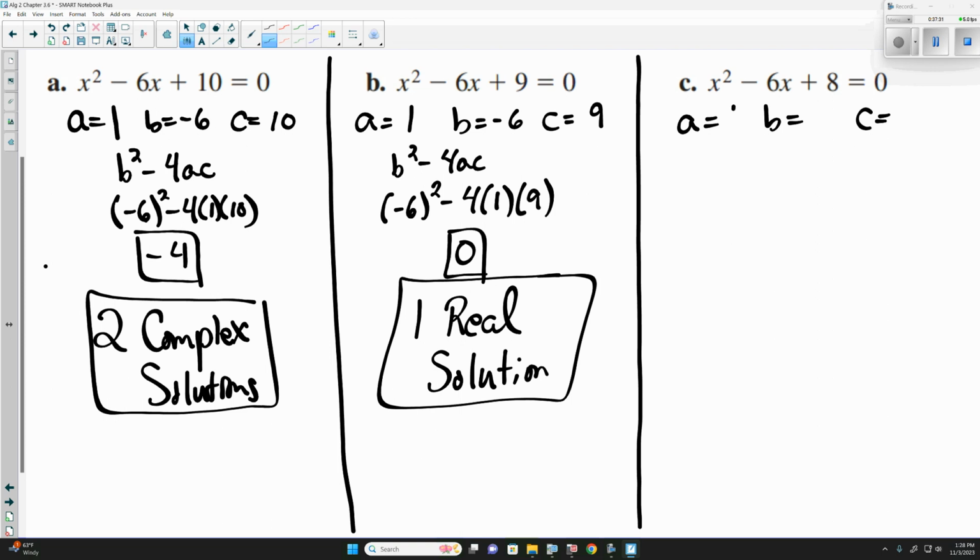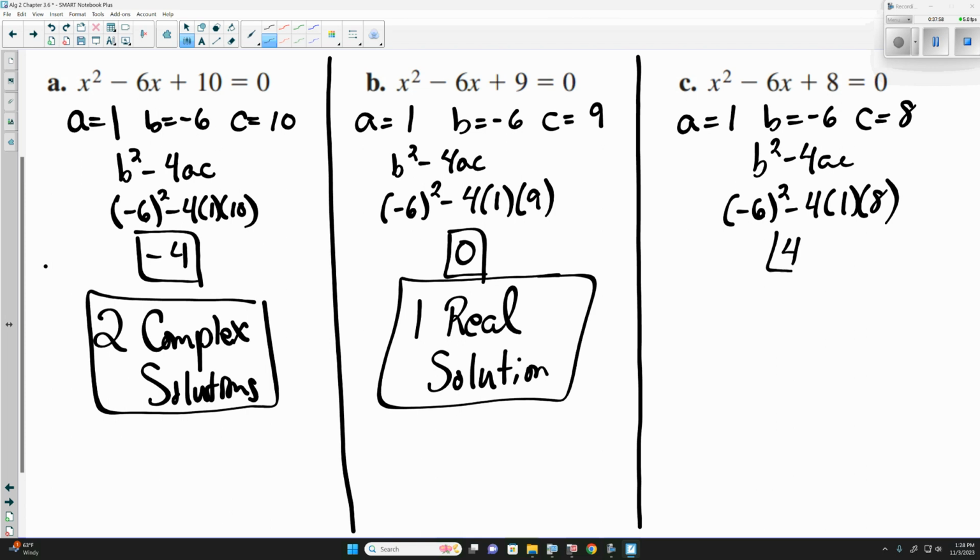And the last one. This time, A is still 1, B is still negative 6, but this time C is 8. If we plug this whole thing into the calculator, we get 4.